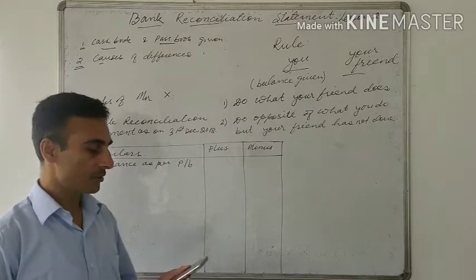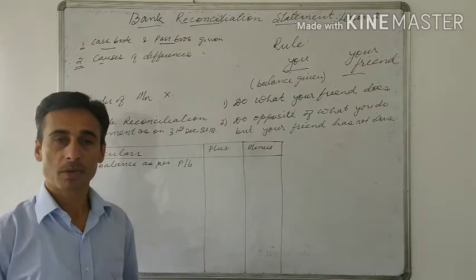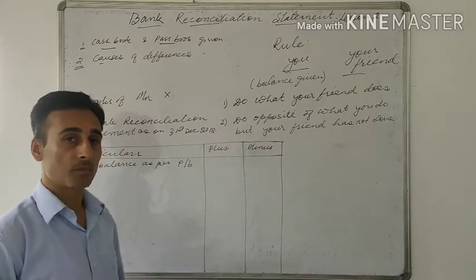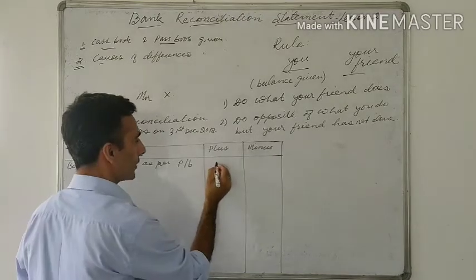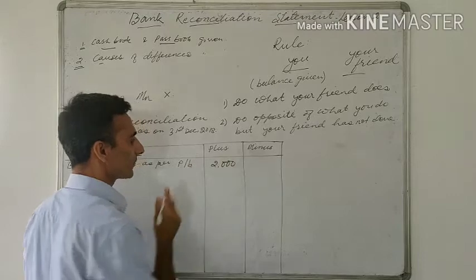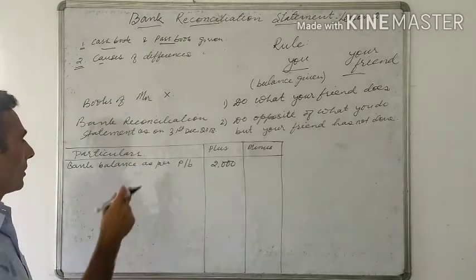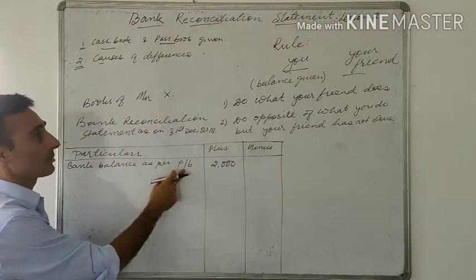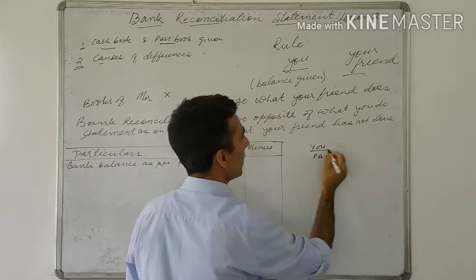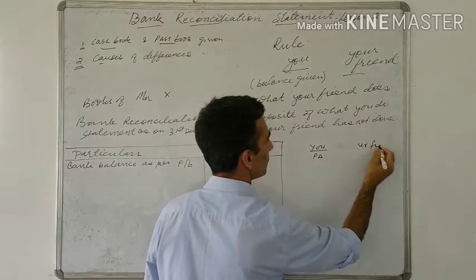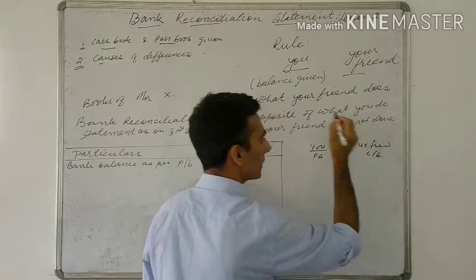So if nothing is mentioned, we'll always consider this as a favorable balance. So favorable balance in the passbook means plus. So we'll put this in the plus column here, 2000. Now balance given to you is the passbook. So here you are the passbook and your friend is the cash book.